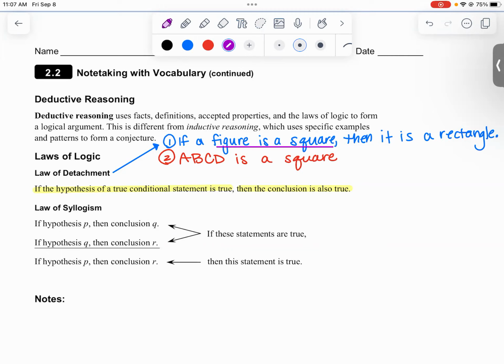Our hypothesis is, if a figure is a square. Now I have a specific example: ABCD is a square. Well, what would our conclusion be? What, Brayden? If a figure is a square, then it is a rectangle. I'm telling you, ABCD is a square. So what do we know about ABCD? It's a rectangle.